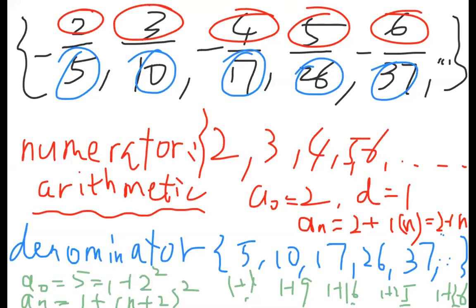So now the last thing to notice is that you have a minus sign alternating. You have -1 for the first term, A0, but a positive sign for A1. So the pattern here is that for even terms you have a minus sign, and for odd terms you have a positive sign.